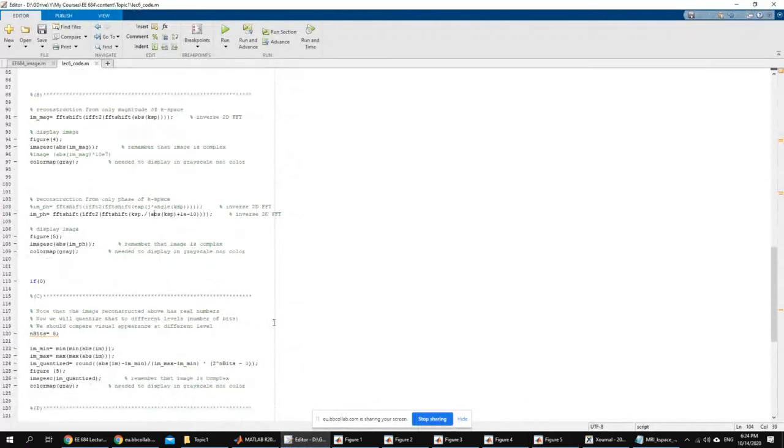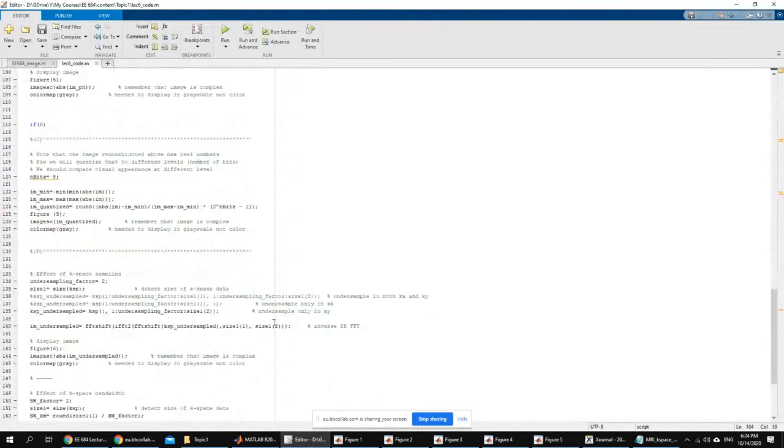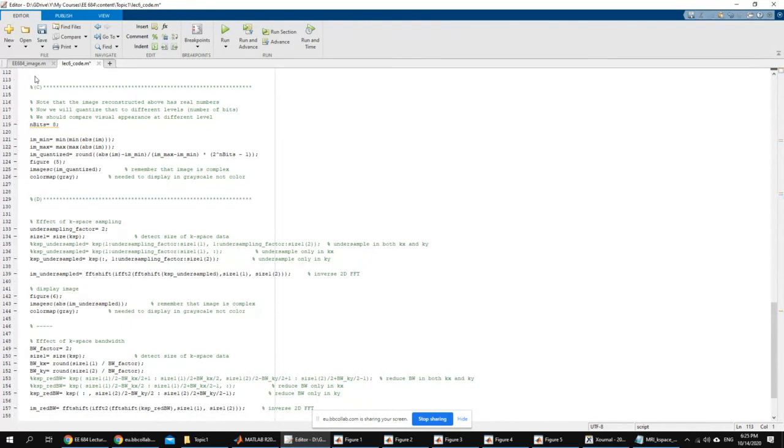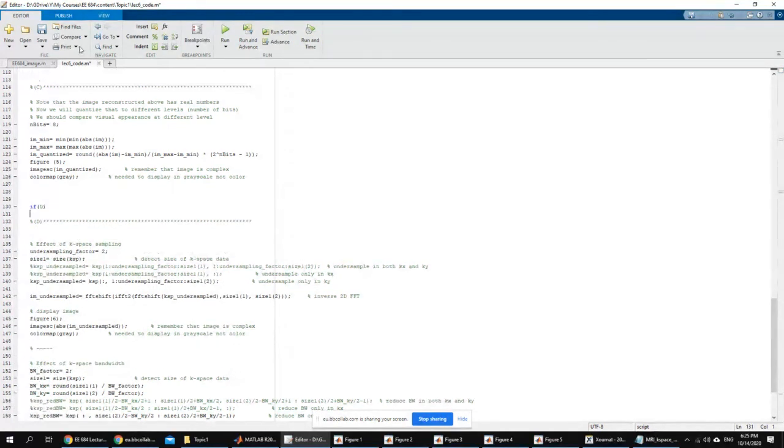Okay. Let's move along. This part C here is related to the quantization. This quantization is exactly the same as the quantization we did already, but let's do it here also. It depends on the number of bits that you choose here.